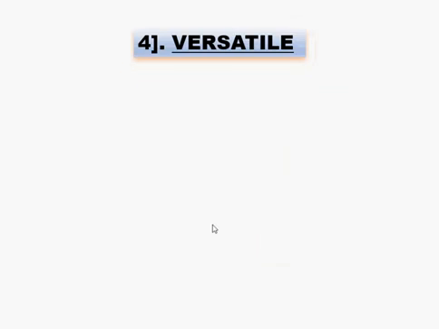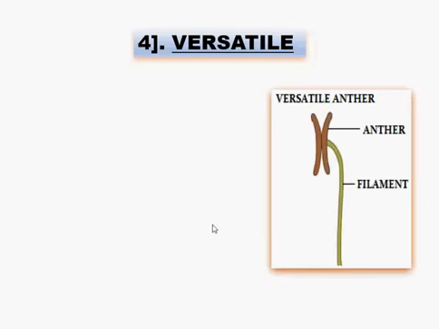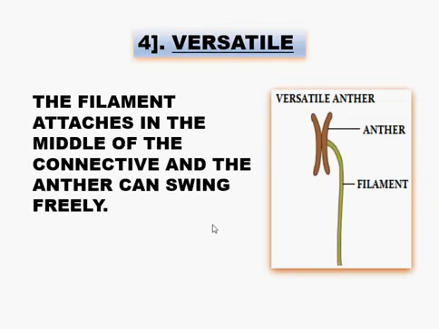Versatile. The filament attaches in the middle of the connective, and the anther can swing freely on the tip of this filament. So here the filament attaches to the middle of the connective. So once remember the adnate anther. In that the filament continues through the anther and continues with the connective.